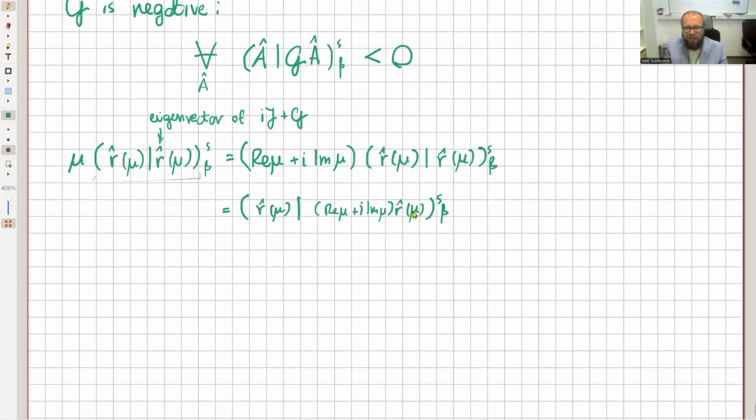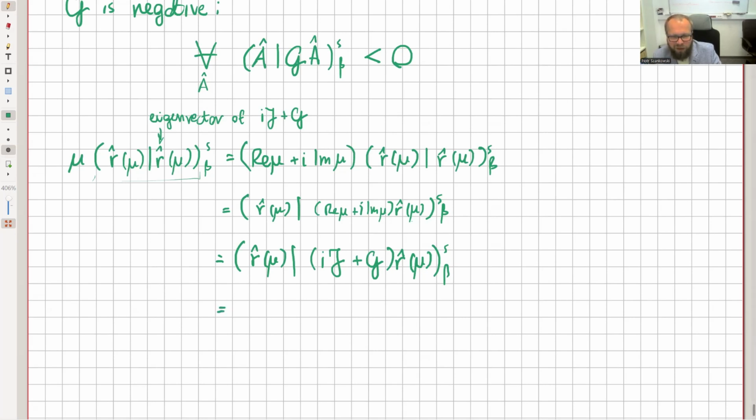But if this is the eigenvector of iJ plus G, this is just equal to r_mu, iJ plus G acting on r_mu. This is what it means to be an eigenvector: the operator acts on this eigenvector and spits out the eigenvector times the eigenvalue mu.